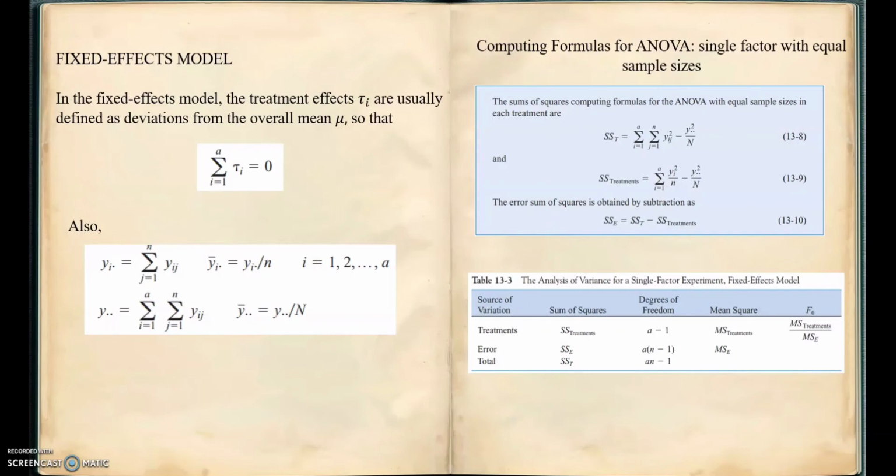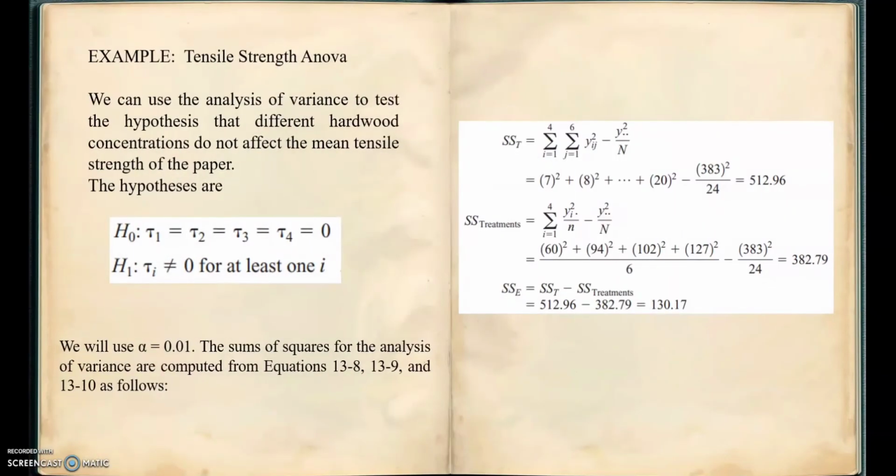To better understand this topic, let's have some examples. Our example for this topic is the tensile strength ANOVA. We can use the analysis of variance to test the hypothesis that different hardwood concentrations do not affect the mean tensile strength of the paper.